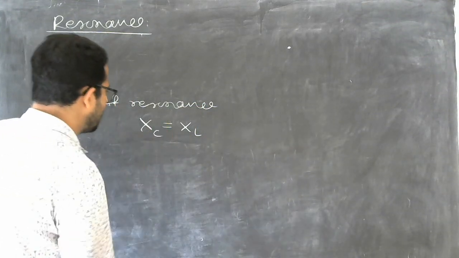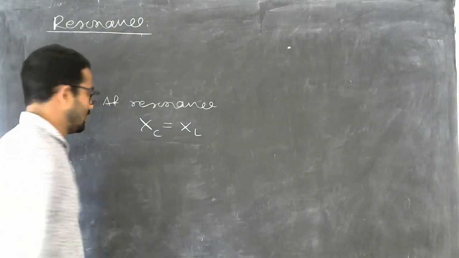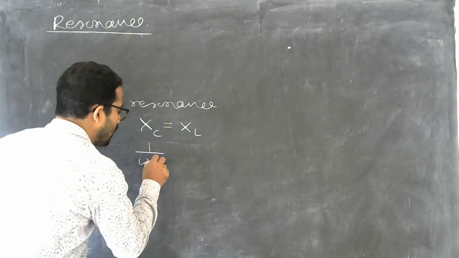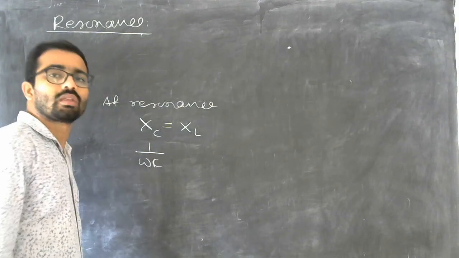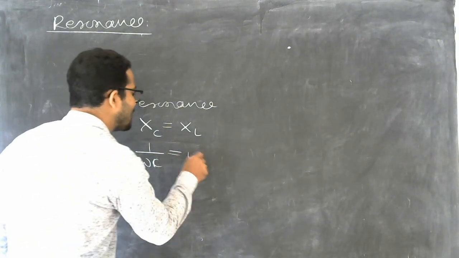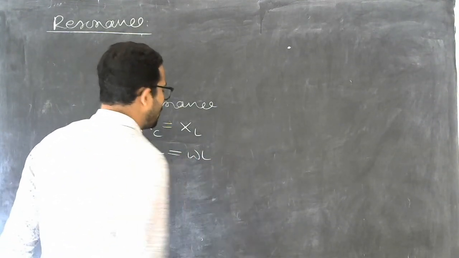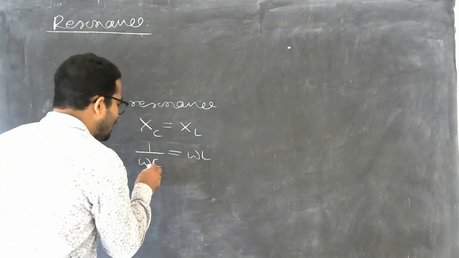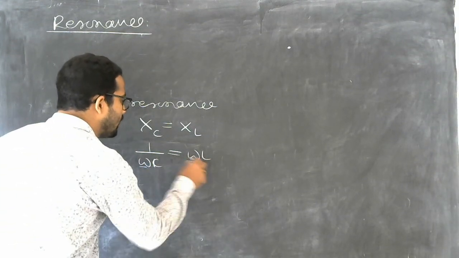Okay, let us take this one. Xc is equal to XL. Xc is equal to 1 by omega naught C, and XL is equal to omega L.